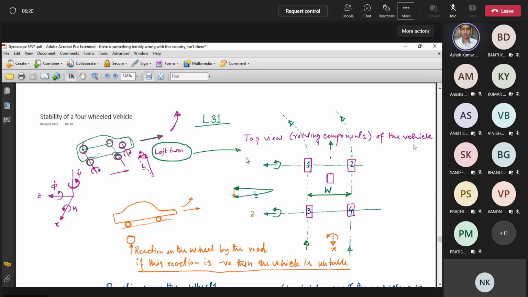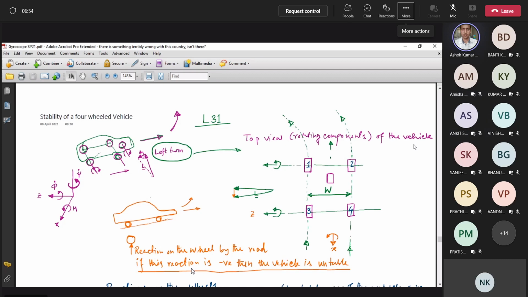Is it there? Have you got this PDF? Your seniors are supposed to send you this. Yes, sir, we got it. Okay, let's start the class.